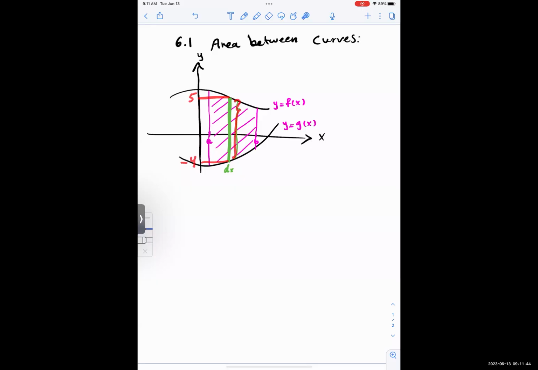The top, which was 5, minus the bottom, which was -4.